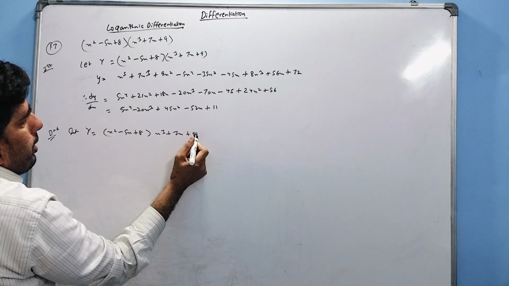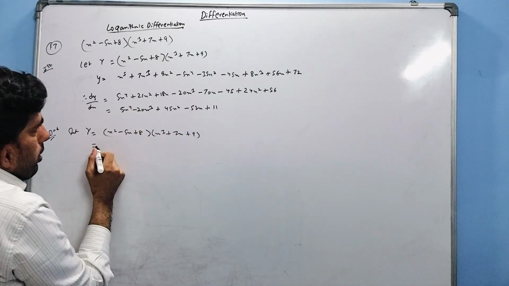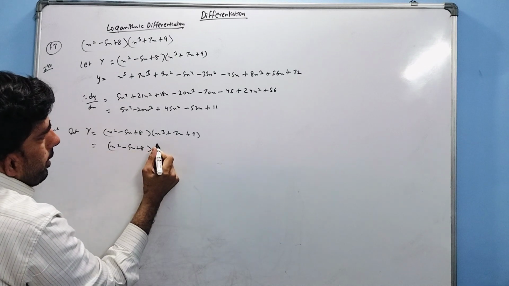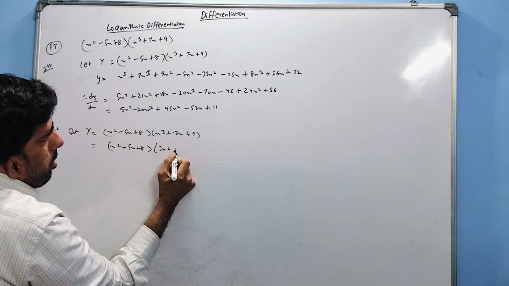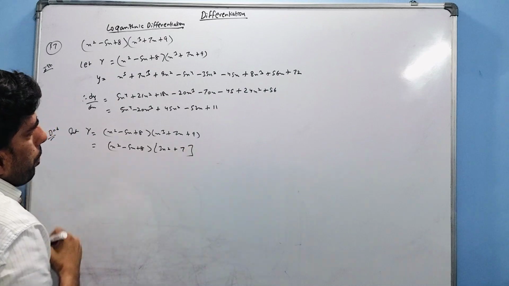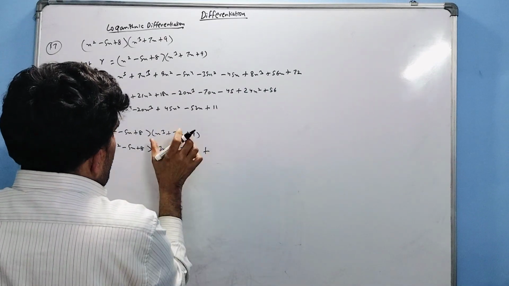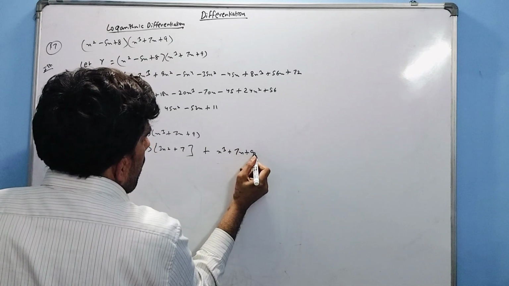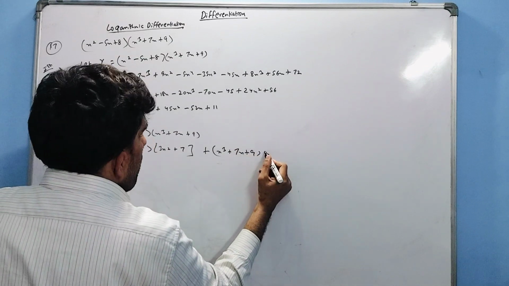So now we'll differentiate first. We'll keep this and differentiate this, so we'll have 3x square plus 7, plus, now keep this and differentiate this, so we get 2x minus 5.